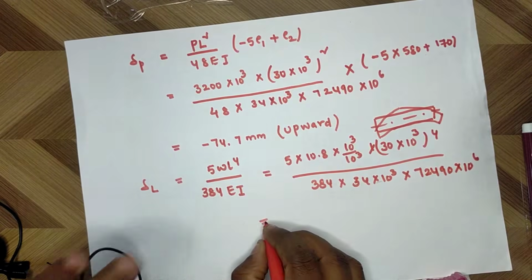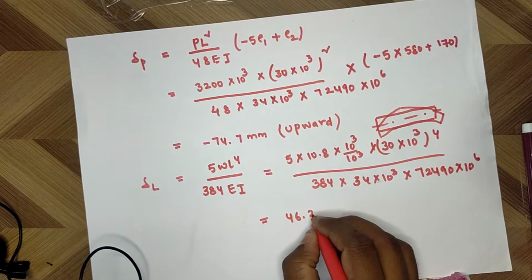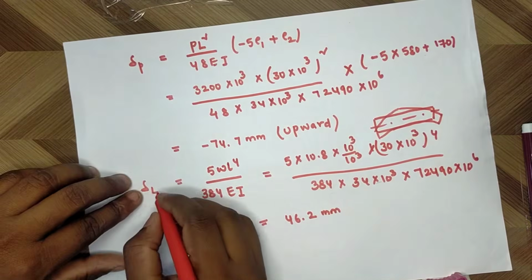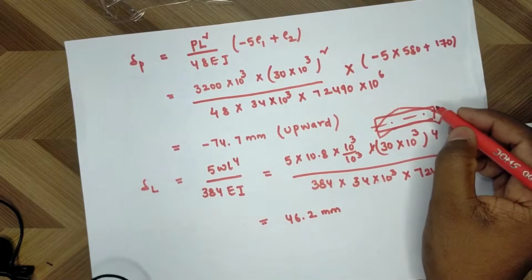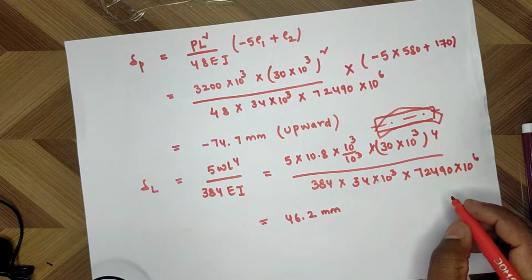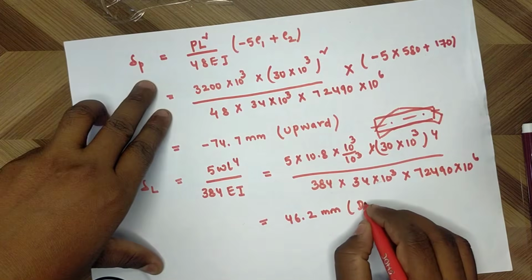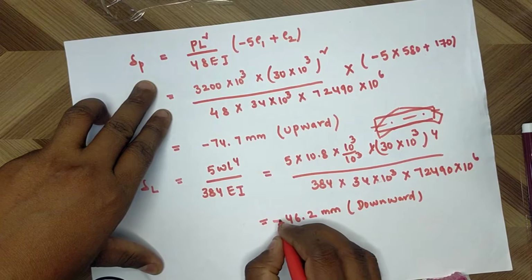By solving this, we get 46.2 mm. This deflection due to self weight will be downward. Am I right? Downward means plus.